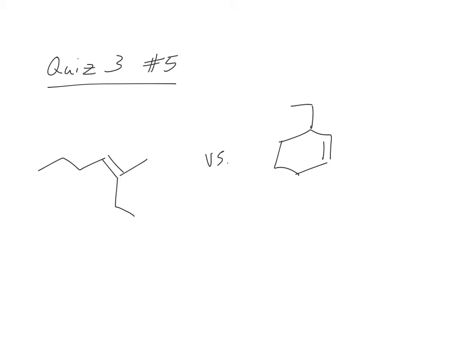The general rule is if a pi bond is in a ring, it has to be a cis or Z alkene. You can eventually get to a big enough ring where you can have E alkenes, but as far as you guys are concerned, if you see a pi bond in a ring, you don't need to worry about E and Z. It's just implied that it's Z because of ring strain. You couldn't have this being E because the bond angles wouldn't work. So if it's in a ring, don't worry about it.